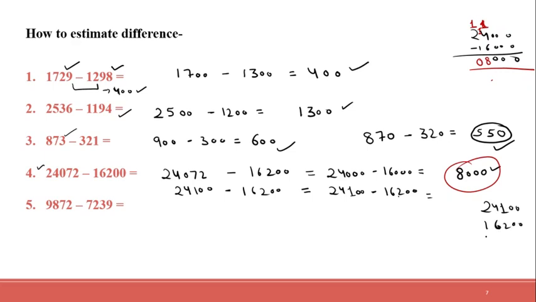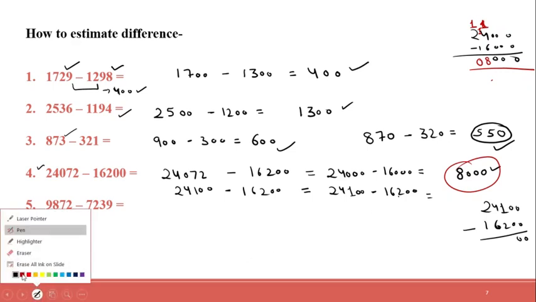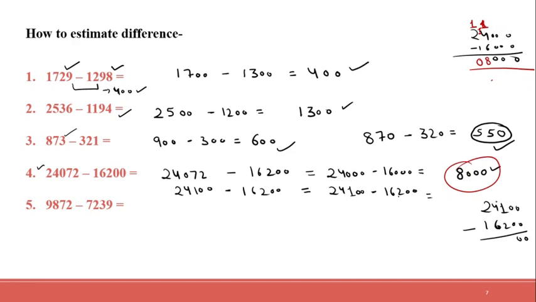How? This way. 0 minus 0, 0. Then we will borrow 1 from here, so it will become 11. 11 minus 2, 9. Then here 3 remaining because we have borrowed 1. So it is 3 now, and here it is 6. Again we have to borrow. So it is now 13 minus 6, 7.